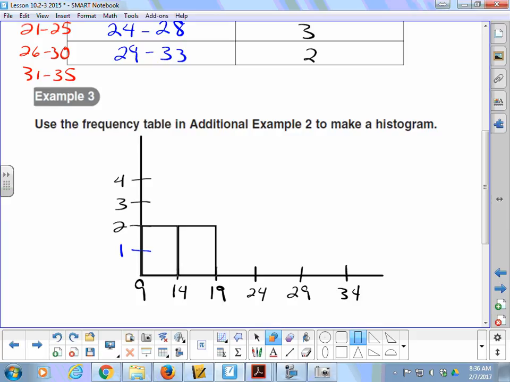There should be no blanks unless there is a 0 in one of your regions. All right, and then 3, and 3 again, and then 2. All right. Here's our histogram.